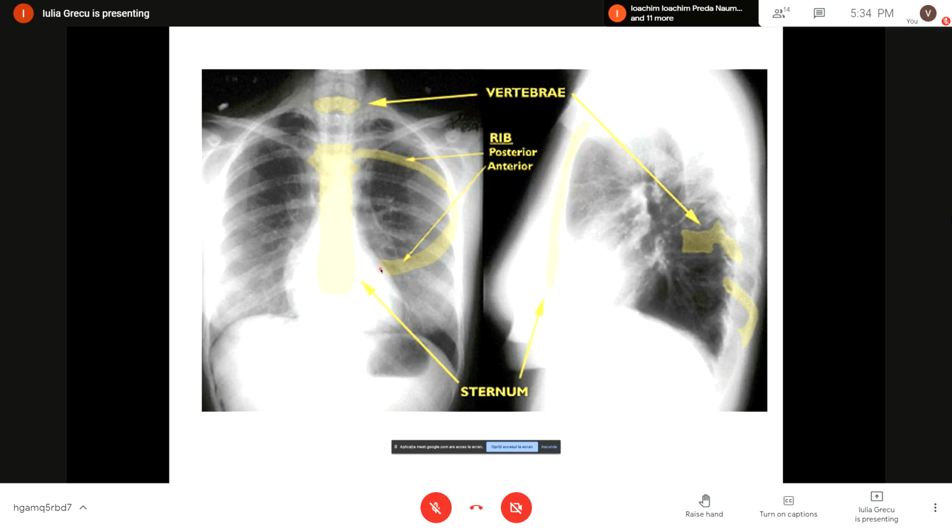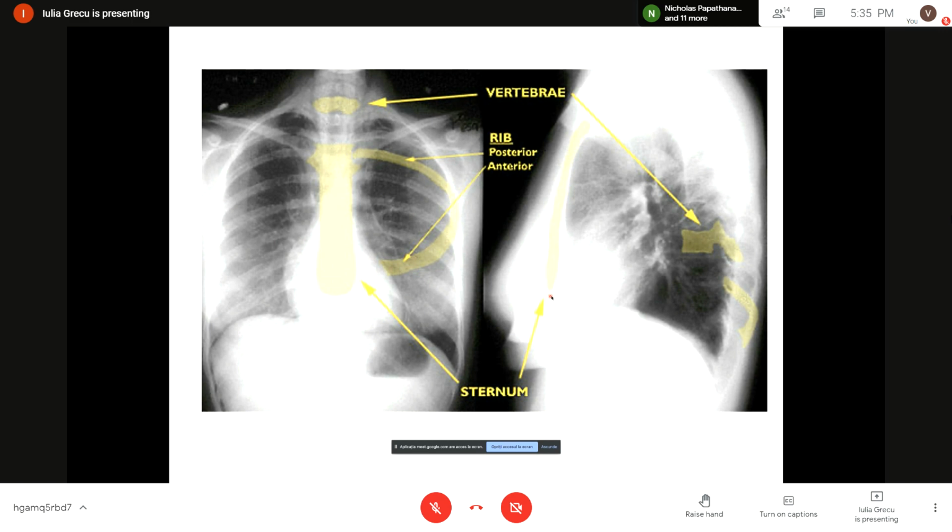These cartilages often with age tend to calcify and can determine a lot of opacities here around the sternum that we don't have to be scared about. It's a normal process.